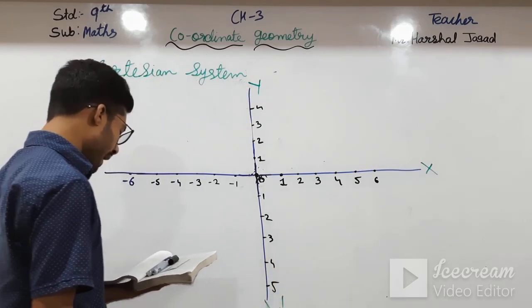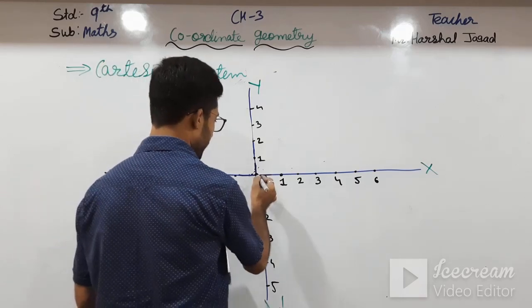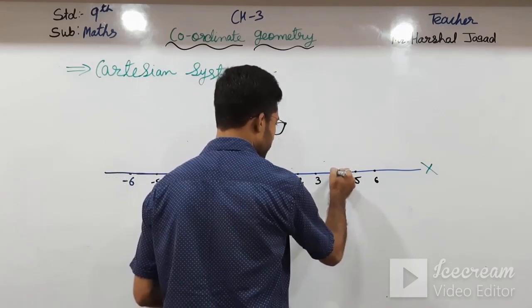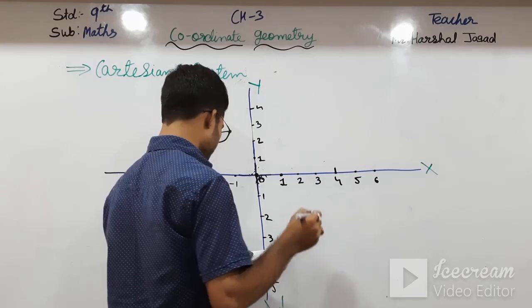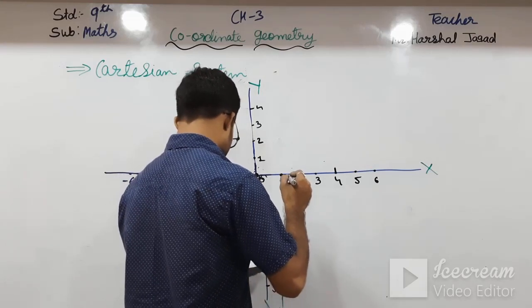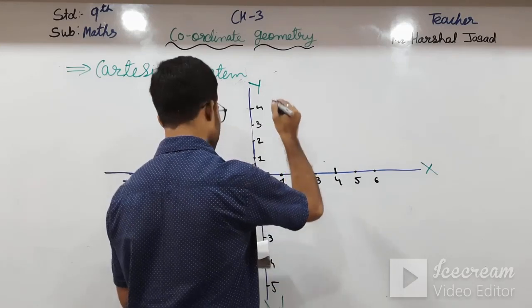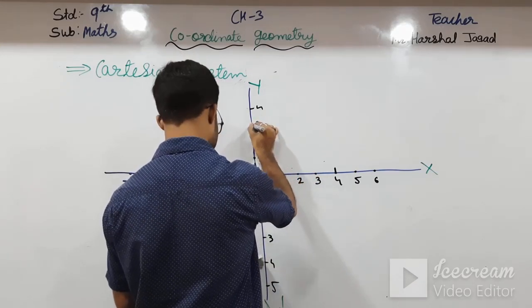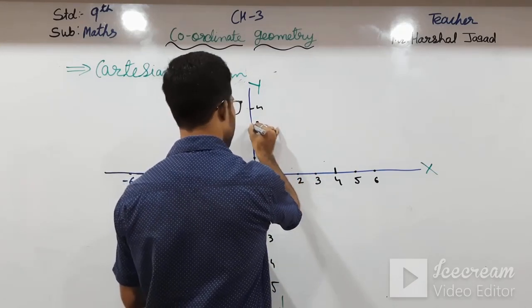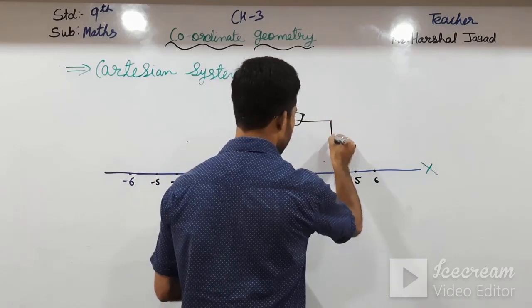OM is 4 units, up to here, and PN starting from 3, NP.